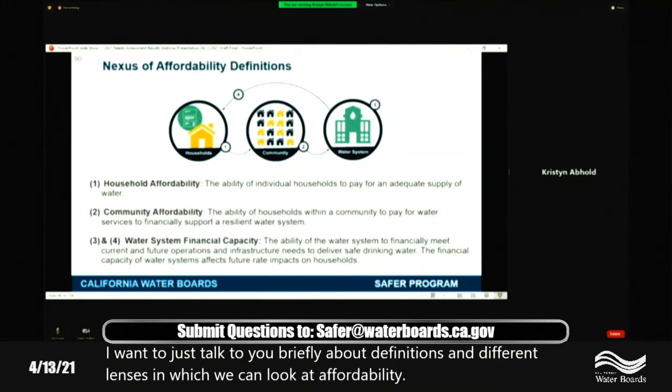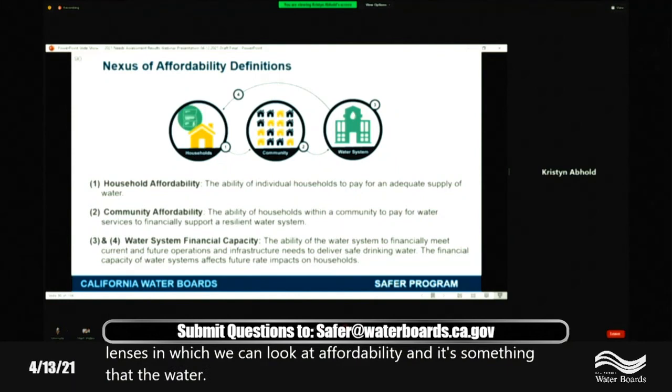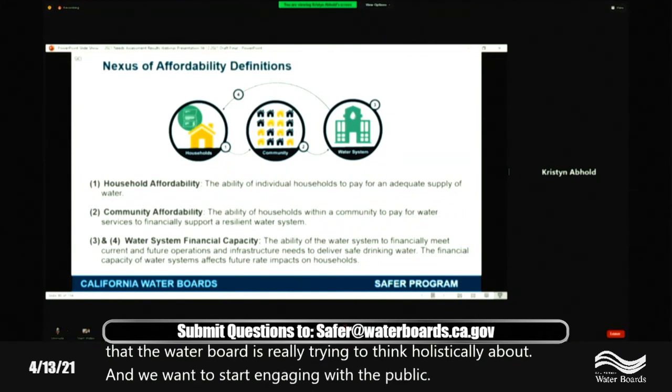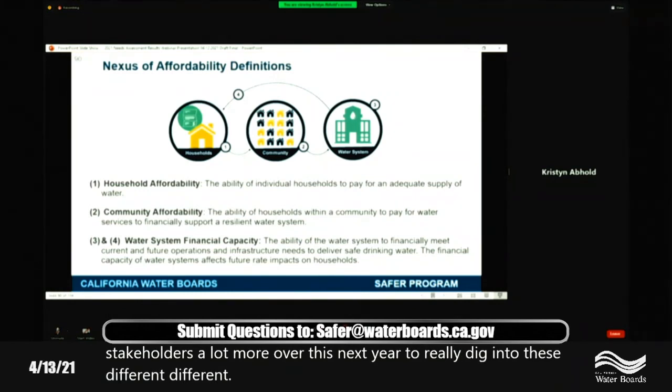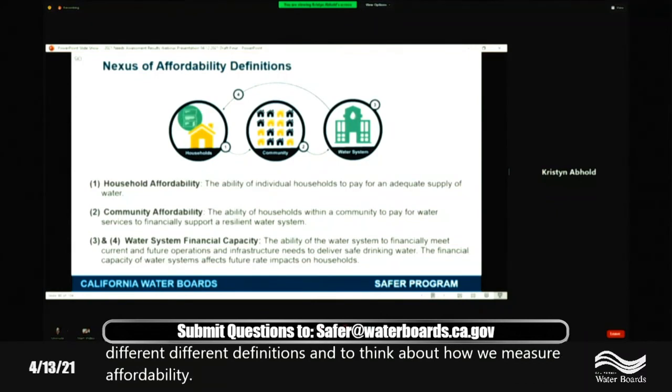It's something that the Water Board is really trying to think holistically about. We want to start engaging with the public and our stakeholders a lot more over this next year to dig into these different definitions and to think about how we measure affordability in the state of California.